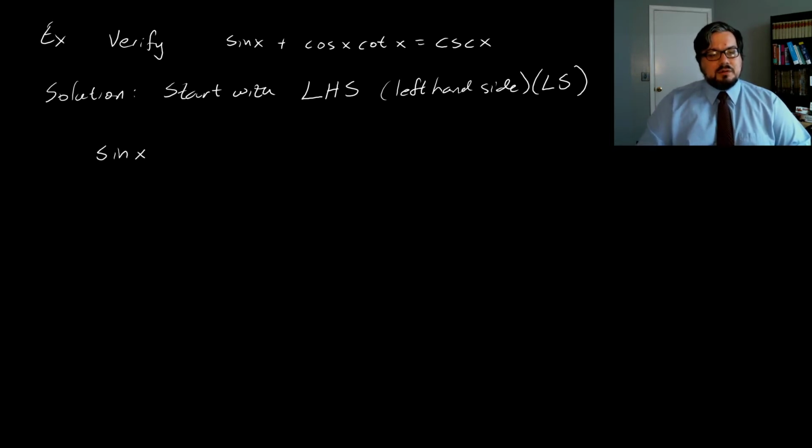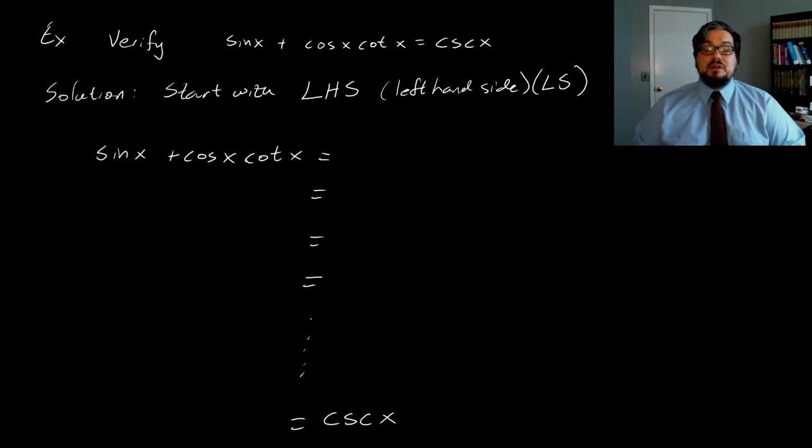So we have sine x plus cosine x times cotangent x. And what we're going to do is create a series of equalities. We're going to say that this is equal to something, is equal to something, is equal to something, and eventually, hopefully, we'll be able to conclude that the whole expression is equal to cosecant x.